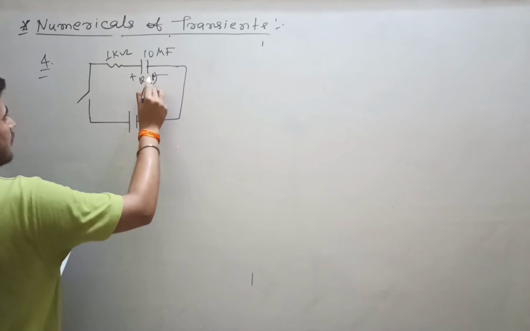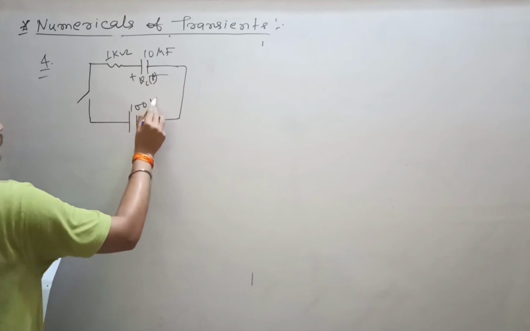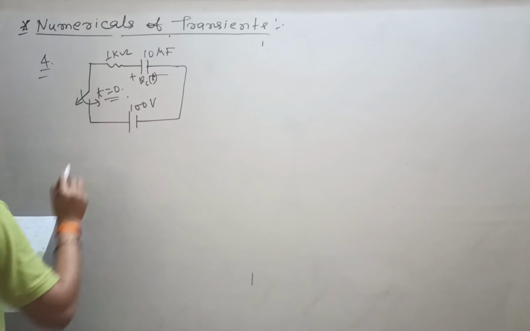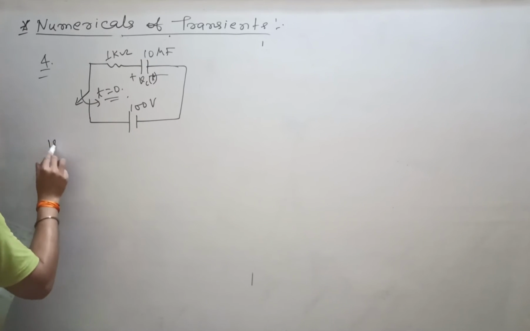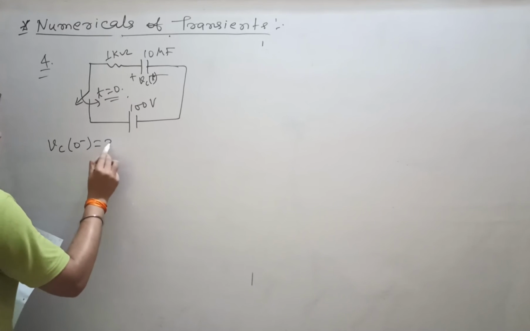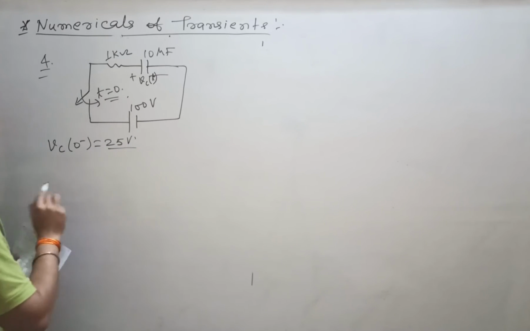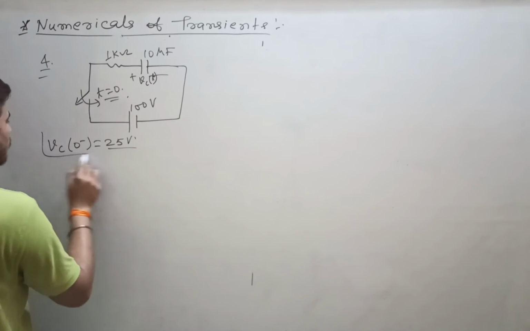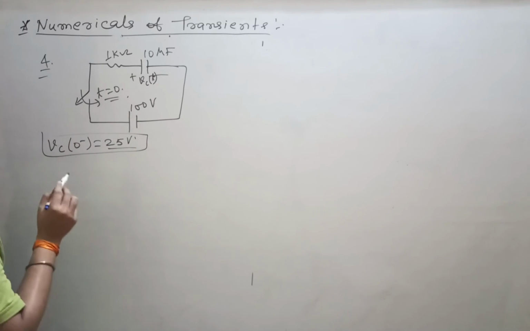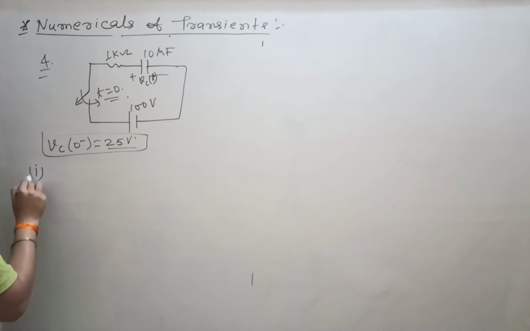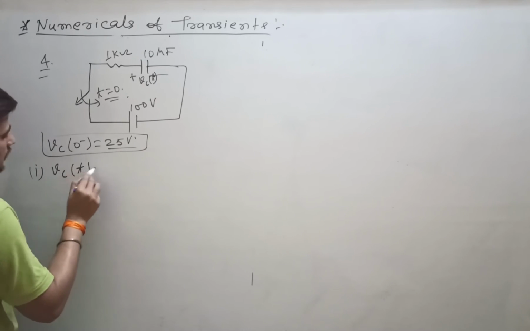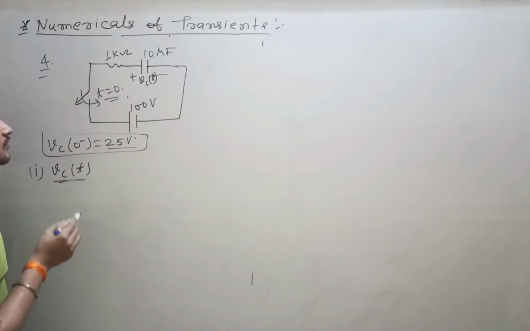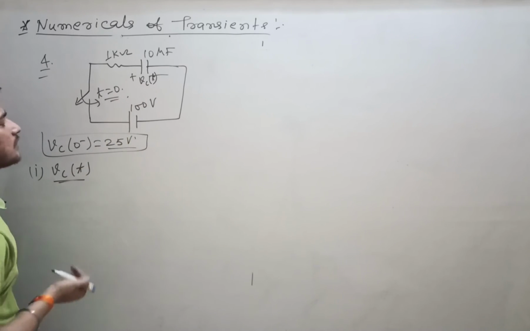It is already given 100 volt. The switch is closed at t equal to 0. But it is given that VC at 0 minus is equal to 25 volt. First step is you have to look at the direction. The first question is you have to write the expression for the voltage across this capacitor. Again the time constant is the same, that is 10 millisecond.